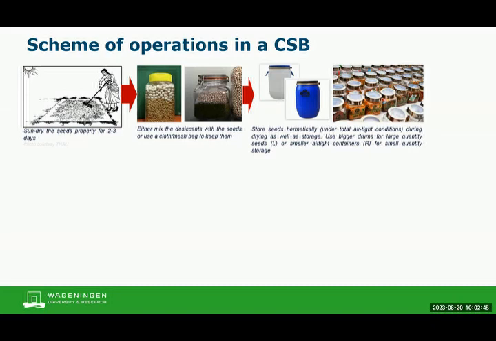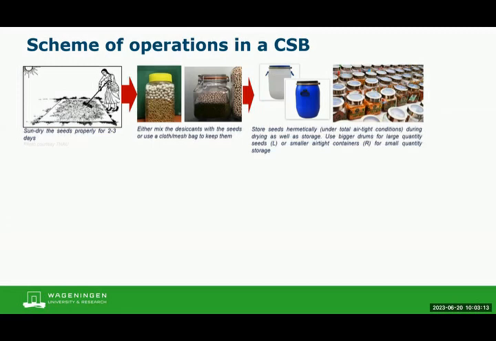The white and blue containers in the middle are readily available for lubricants or paint in industry. They are a very good method of storing seeds in higher quantities. They come in capacities of 100 liters, 50 liters, 80 liters. But the ultimate thing is it has to be airtight.